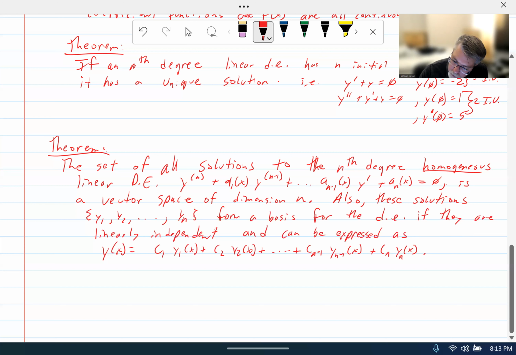And this is referred to as the general solution to the differential equation.